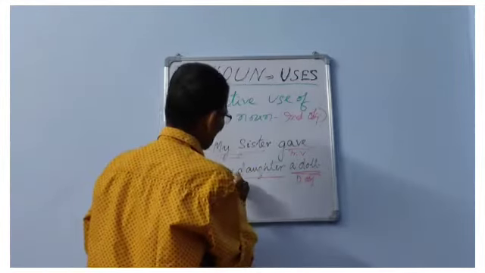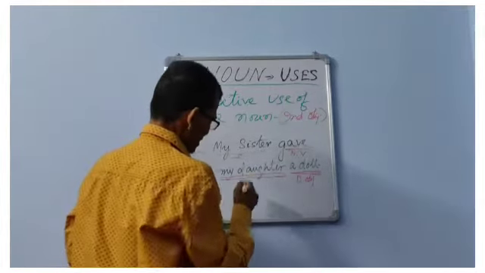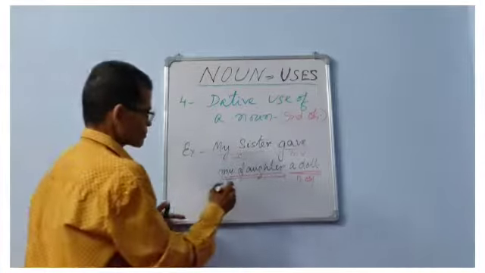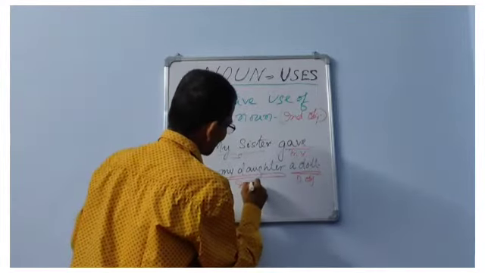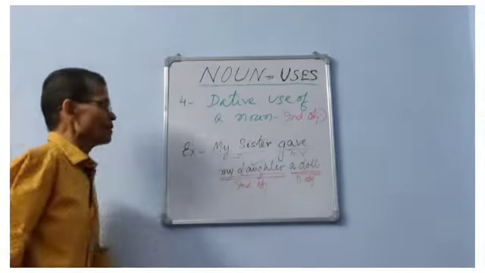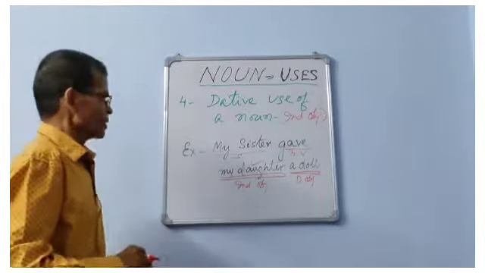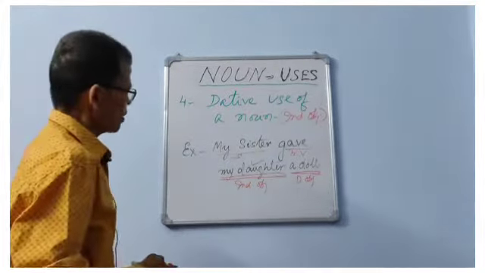Okay, now my daughter, these two words, my possessive adjective and daughter noun, it is used as the indirect object, and therefore it is called the dative use of a noun. And when a noun is used as indirect object, that is called the dative use of a noun.